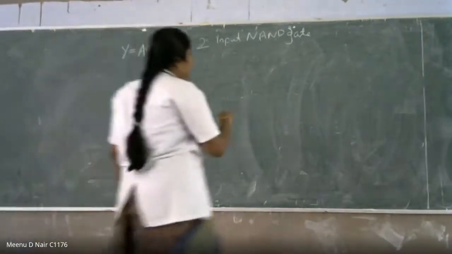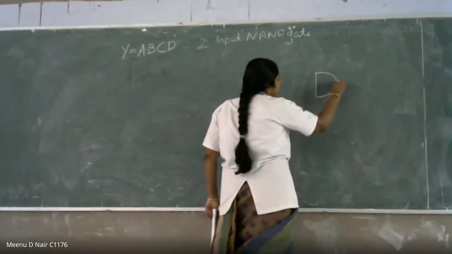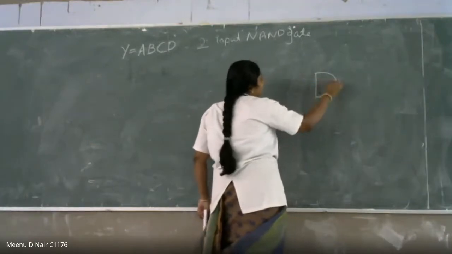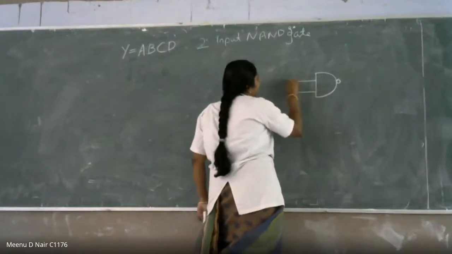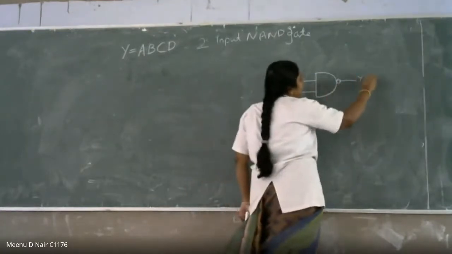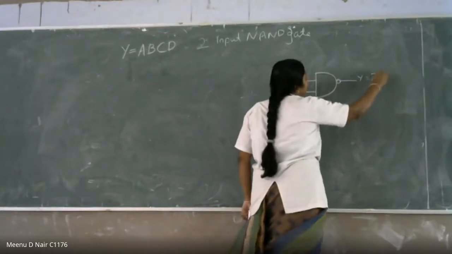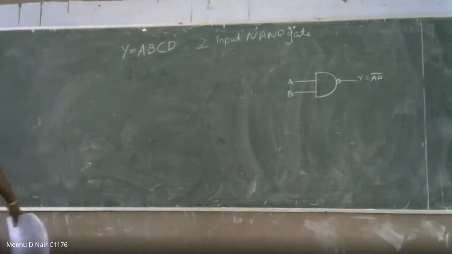How does a NAND gate look like? Two input NAND gate is an AND gate with a bubble. Inputs A, B, and the answer Y is equal to AB bar. This is nothing but your NAND gate.